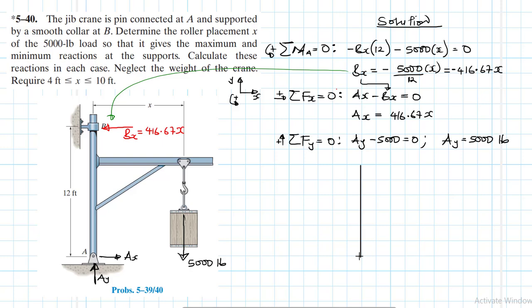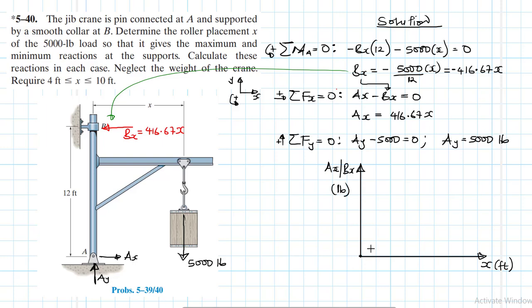We'll plot this on the x, y axis. This is going to be our x, which is in feet, and this is going to be our y. In our case, our y is AX or BX, and it is in pounds.